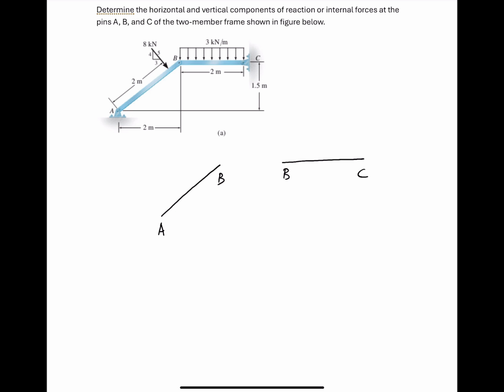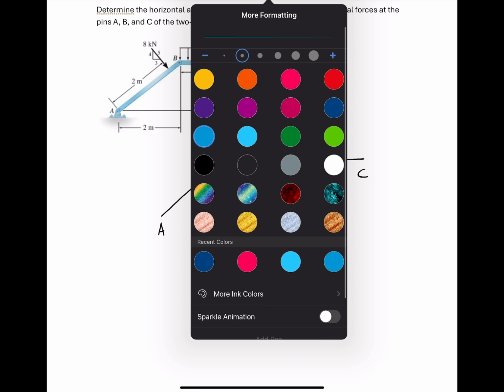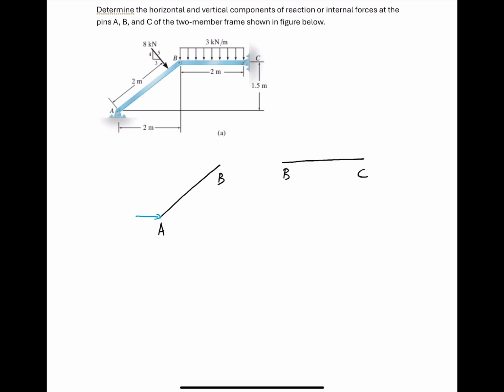The reaction force at point A will be shown here. So here is AX, and let's put AY. At point B, we have BY, BX.